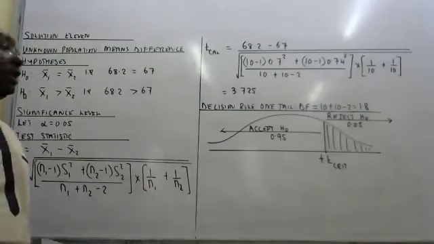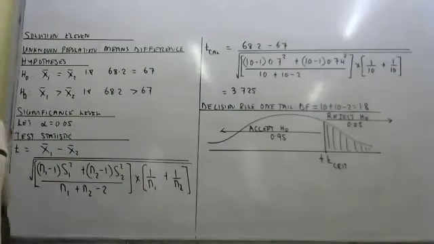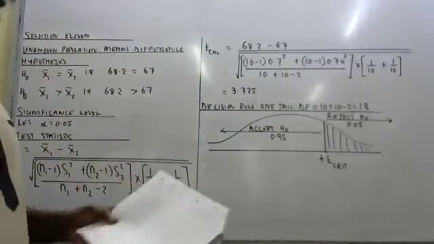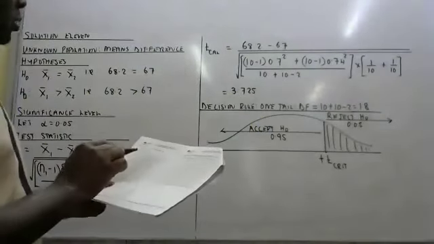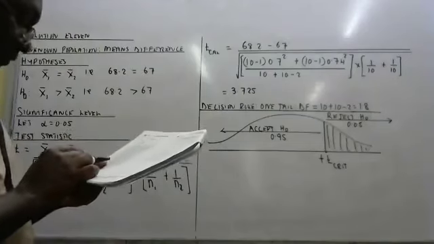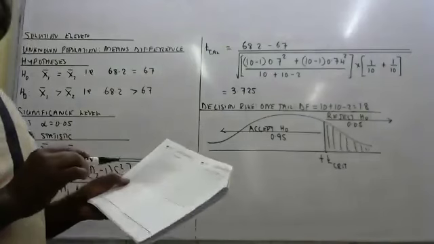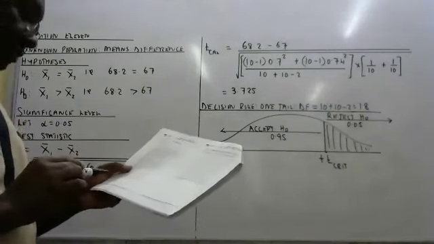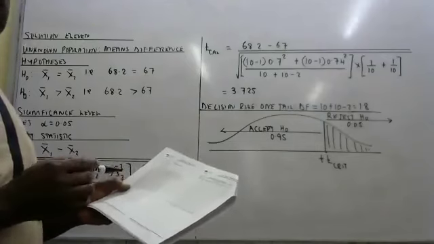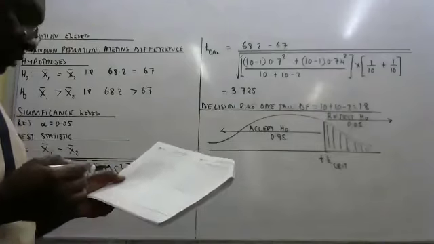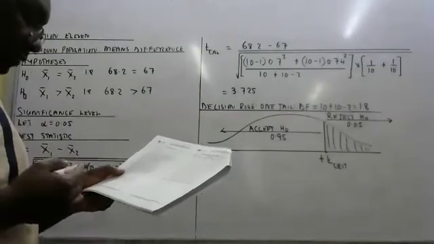So you go to the T tables, as I told you, because it is one-tailed, you go to 95%, then go down to 18. And in case you get a figure that the degrees of freedom are more than what you have, you just take the highest.